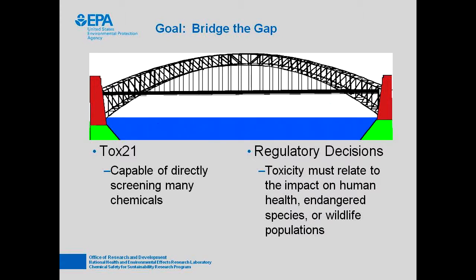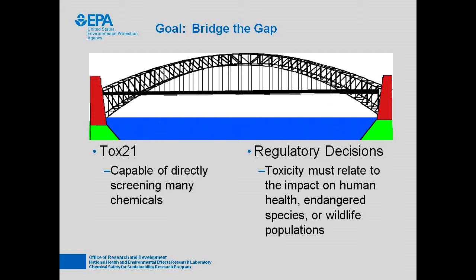Just to set things up, the way I view AOPs is really as a bridge. On one bank, we've got Tox21, ToxCast, and similar efforts where we're trying to move things to in vitro. On the other side, you've got regulatory decisions that necessarily need to be made at an organism or population level.